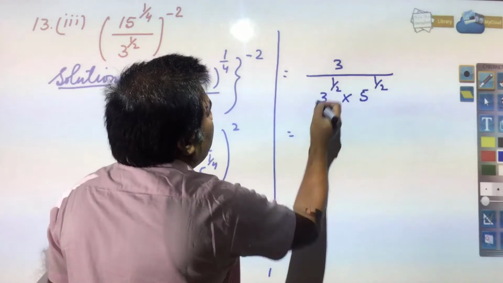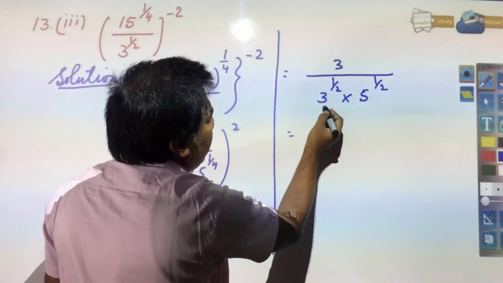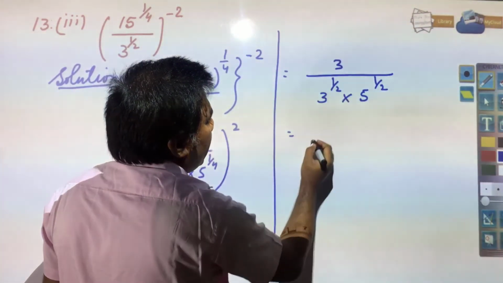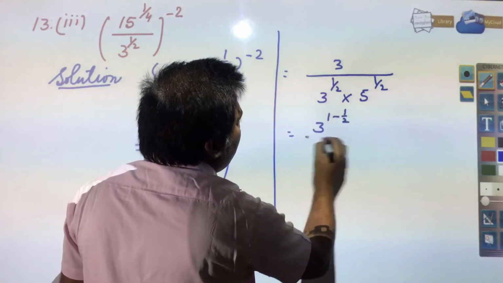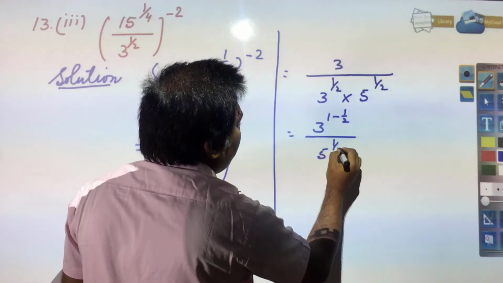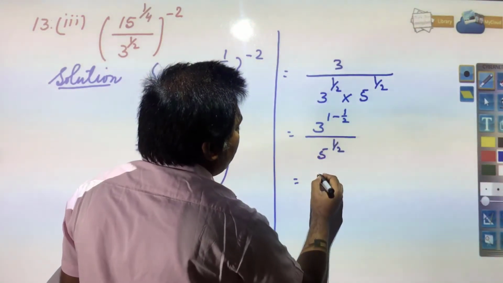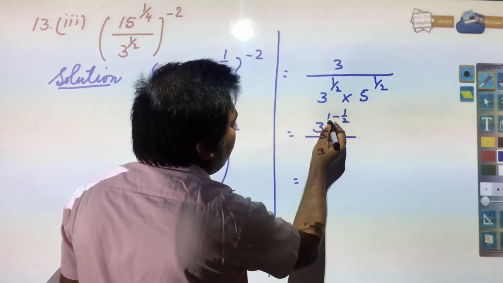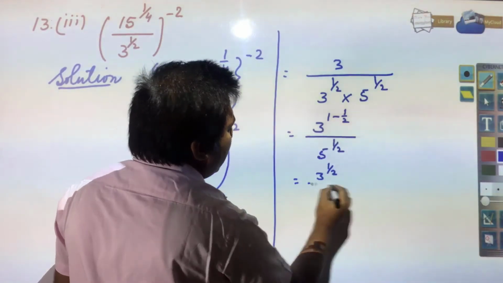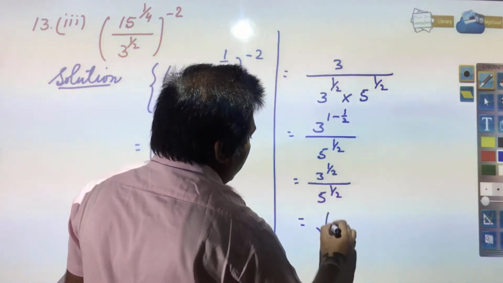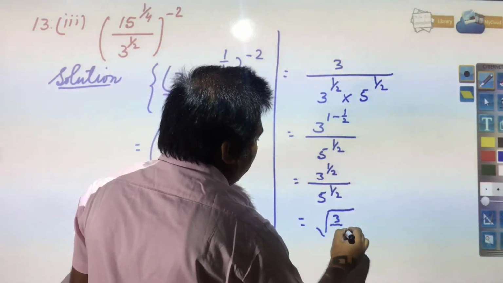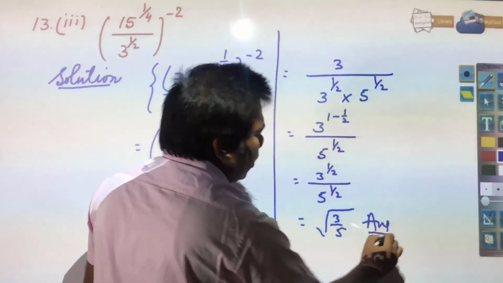Now, this is a to the power m divided by a to the power n, it means 3 to the power 1 minus 1 by 2 divided by 5 to the power 1 by 2, and you will get 3 to the power 1 by 2, 1 minus half means half, divided by 5 to the power 1 by 2, or you can write together root under 3 by 5 and this will be your answer.